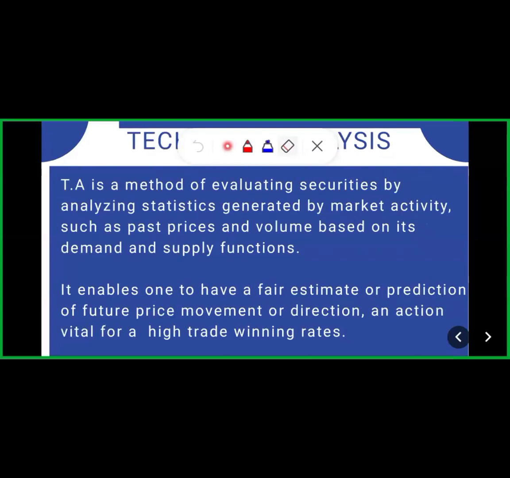It involves evaluating and analyzing statistics generated by the market, based on the series of events and the previous price movement. You are able to tell what the future price movement will be like.